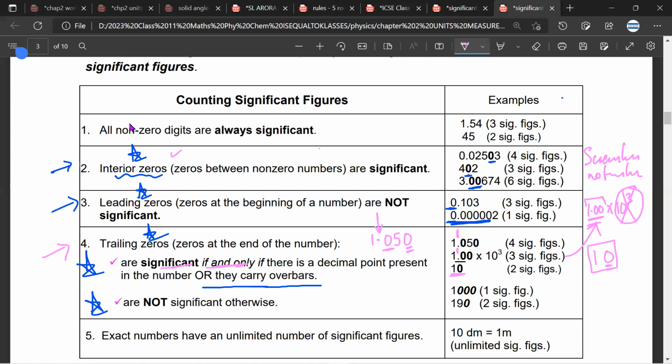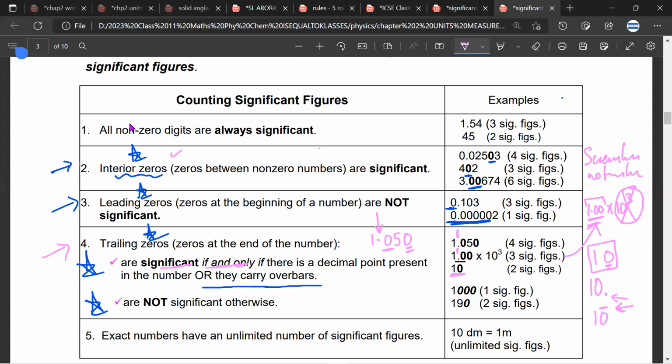This 0 can only be significant if you see a symbol like this, or a symbol like this. Are we clear? Yeah. So if you find these special symbols, then this trailing 0 would be a significant digit. Are we clear, Avantika? Yeah.